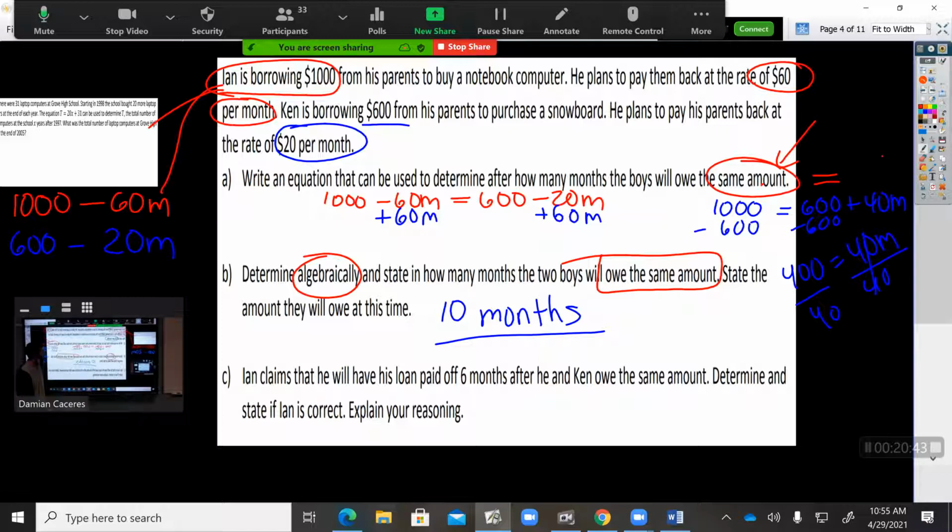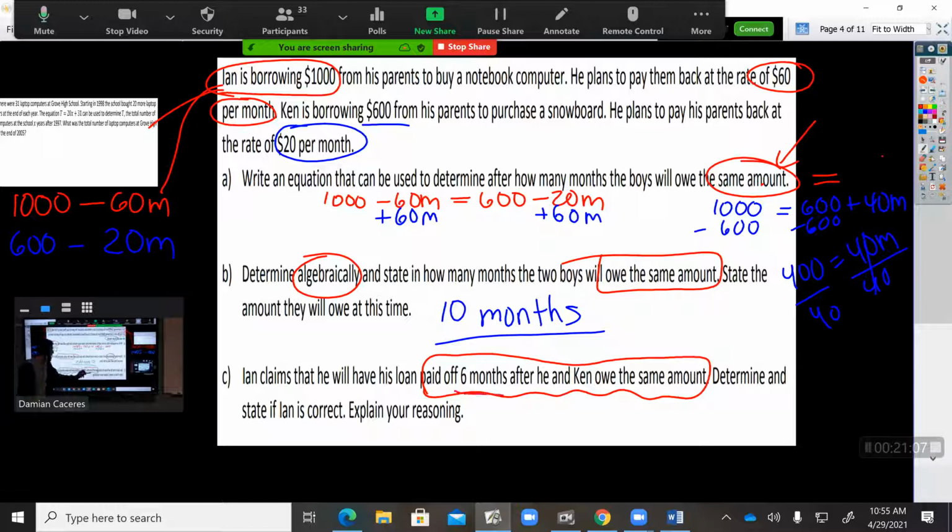Now, part C says, Ian claims that he will have his loan paid off. Now be careful when you read this. He'll have it paid off 6 months after they owe the same amount. So we already calculated same amount. Same amount was in how many months? 10 months, right?